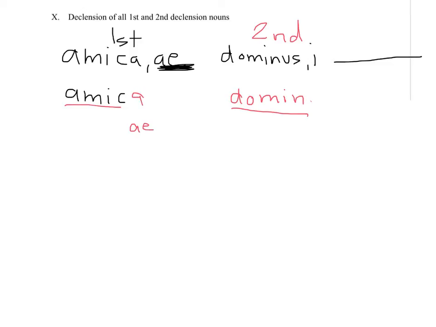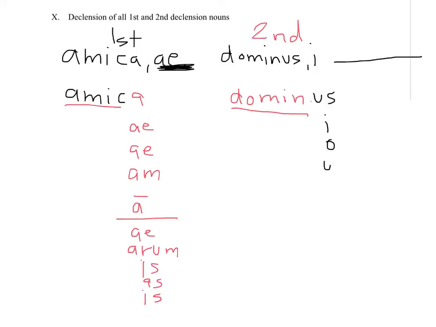A, AE, AE, AM, long A, then the plural. AE, arum, is, as, and is. For the second declension, it goes us, I, O, um, long O. This is also a long O too, it doesn't really matter.